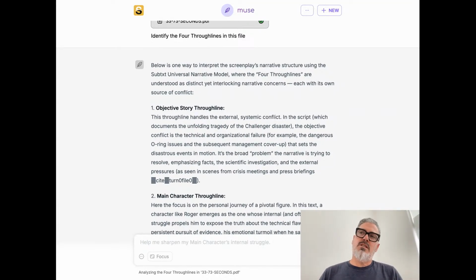But then you'll start to see that it's very general and there's no grounding in it because it's trained on all the subjective ways of looking at story, like hero's journey and Save the Cat and all that other stuff, which is what most people understand. Then it's wishy-washy. And if you're going off the cuff, that only makes it worse.